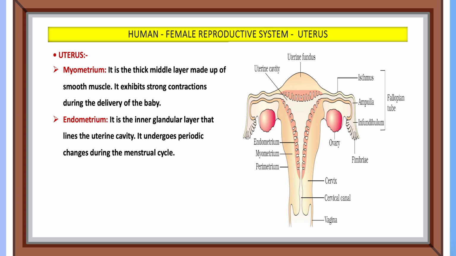The myometrium exerts strong contractions during the delivery of the baby. The endometrium is the inner glandular layer that lines the uterine cavity. This facilitates implantation. It undergoes periodic changes during the menstrual cycle.